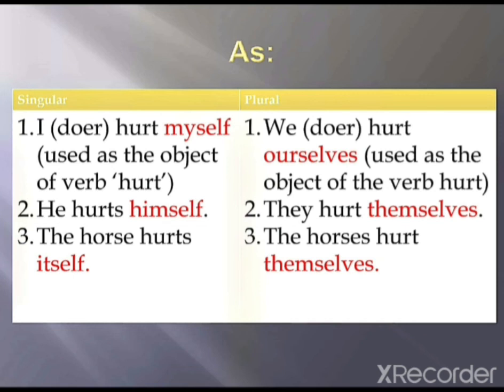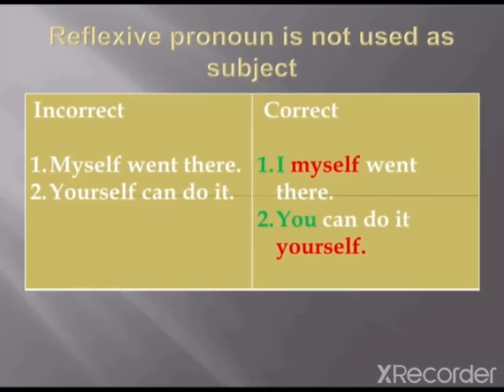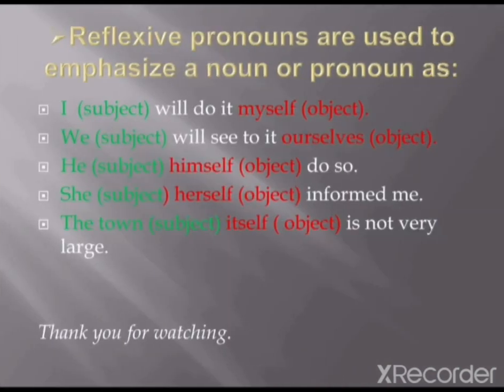Reflexive pronouns are never used as subject. Here in these sentences, myself and yourself are used as subject, which is wrong. Reflexive pronouns can also be used to emphasize a noun or pronoun. We can also call them emphatic pronouns. Consider the following sentences. I will do it myself.